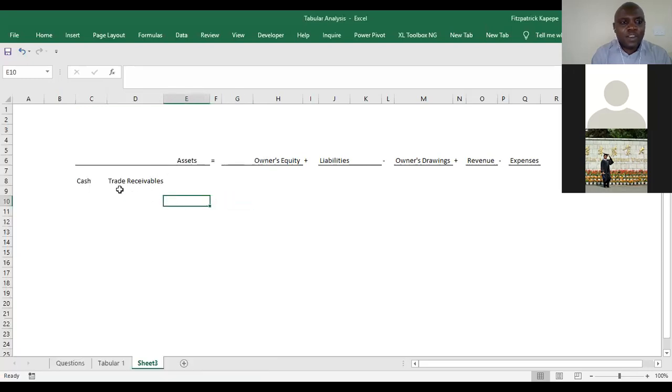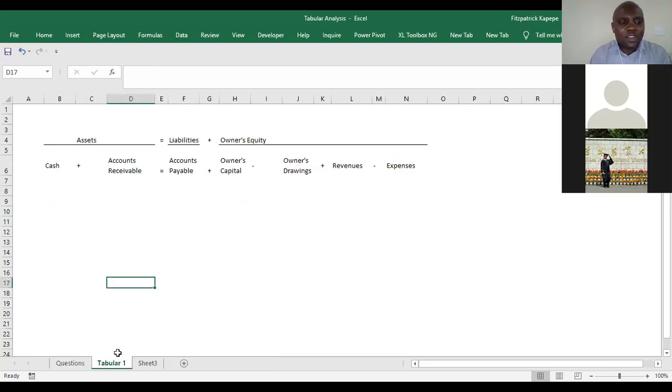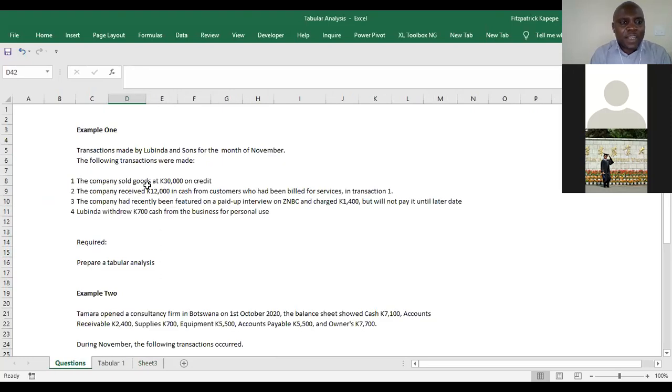Okay, so under assets. So here, guys, we are told what two elements actually got affected. The company sold goods at 30,000 on credit. So we know that it was on credit.